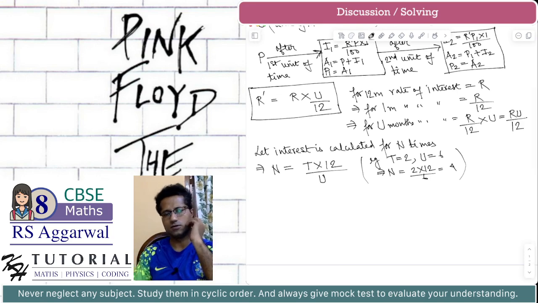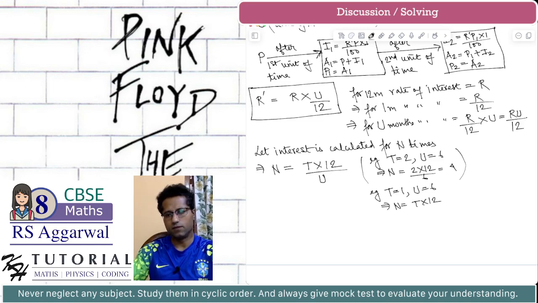So capital N is the number of times we have to calculate the interest. Now let's give more examples. Let's say T is equal to 1 and U is equal to 6, so this implies n is equal to T multiplied by 12 divided by 6, which is 2.